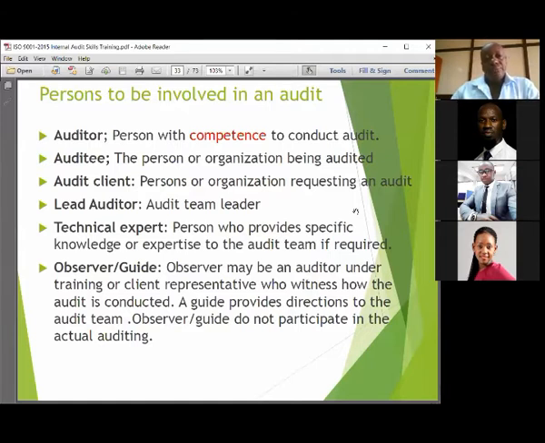But normally, you do not expect this for our internal audit. You know your process, you have the general knowledge about underwriting, about claims, about HR. You don't want to have an expert or somebody from outside to come and help you to audit. But in some certain cases, I remember one time we were going to audit one of the major hospitals in Kenya, and none of us had a medical background.